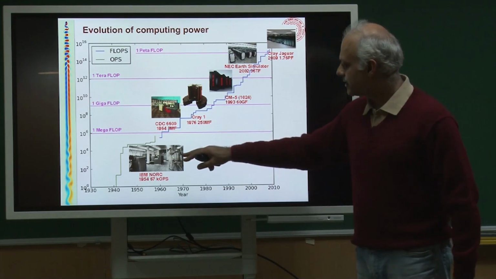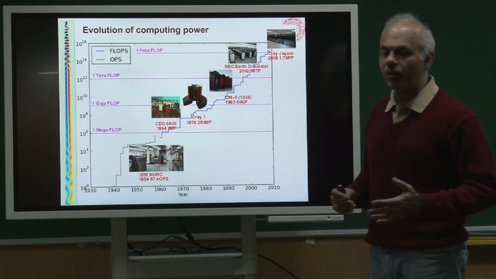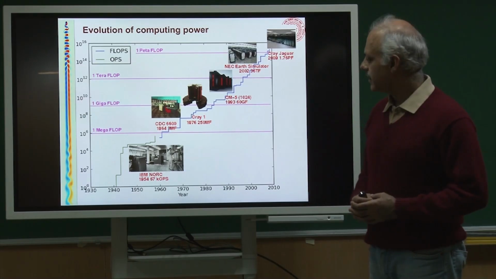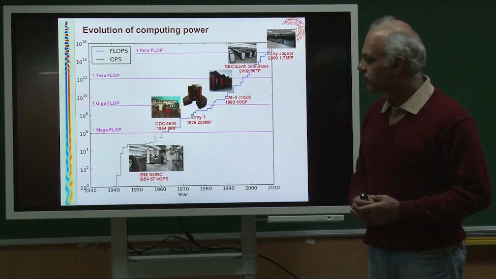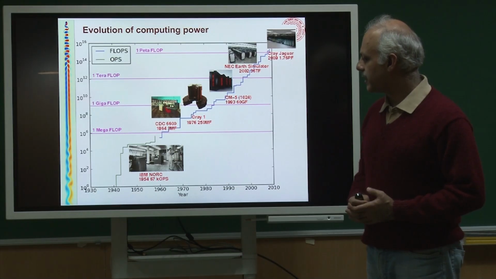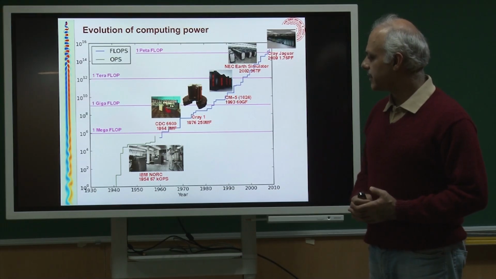You can see from the size of this computer that it occupies a big hall and has all kinds of gadgetry, way ahead of its time in those days. Very few people would get to compute on it, but it only gives you something like 67 kilo operations.